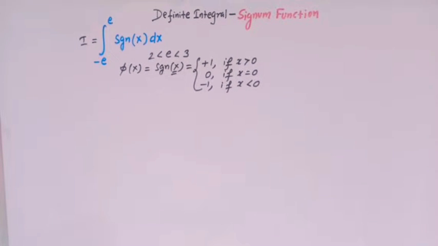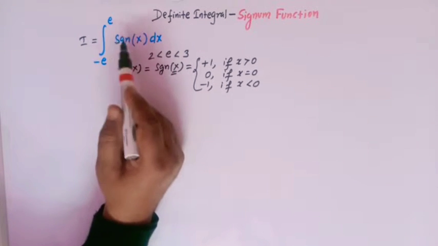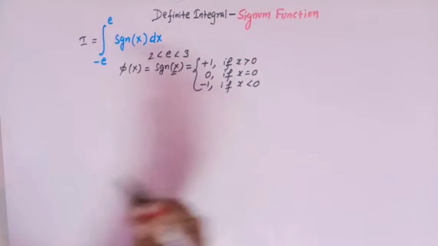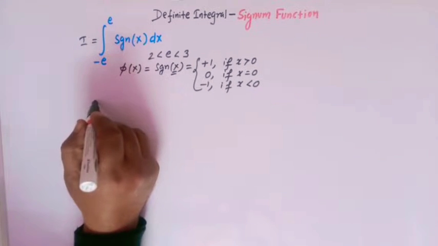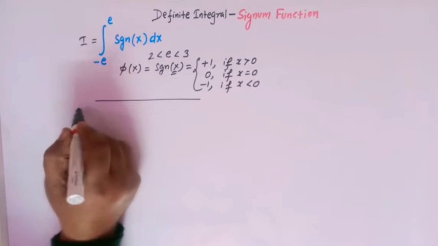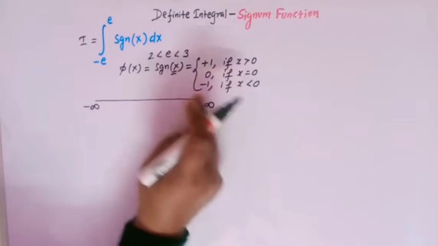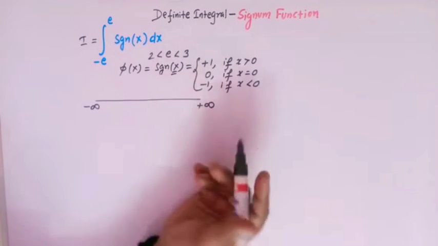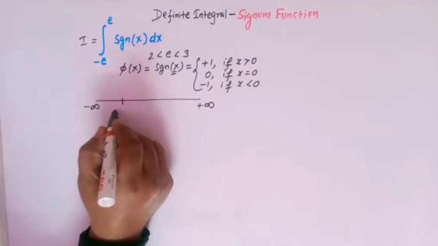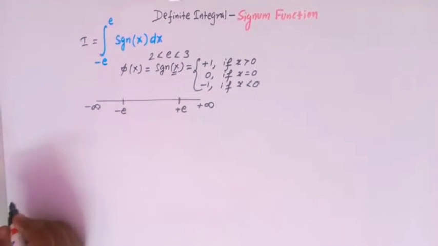Now we have to evaluate this integral, and if we take the number line, here we have minus infinity, here we have plus infinity. This is the real number line, and here we have minus e, and here we have positive e.